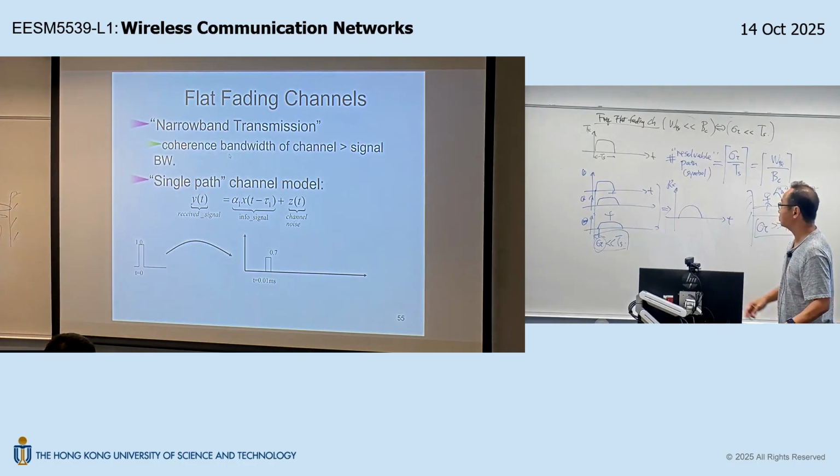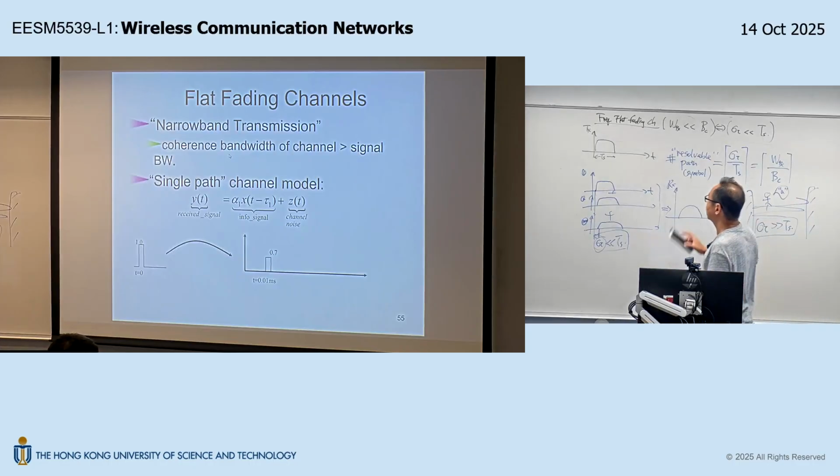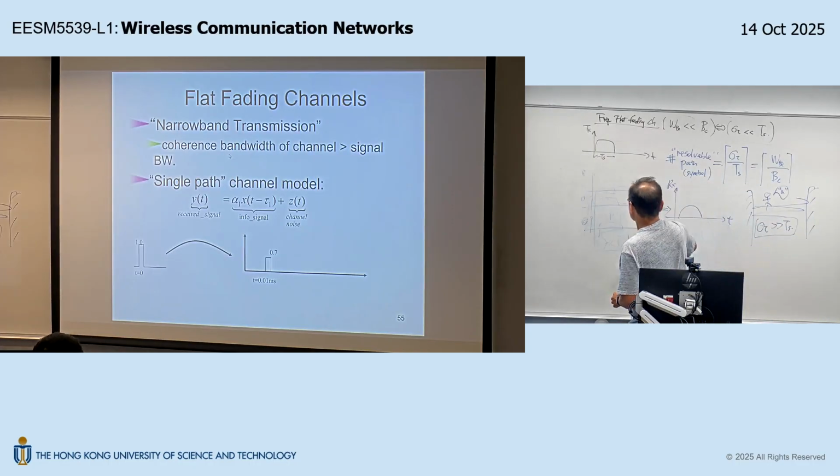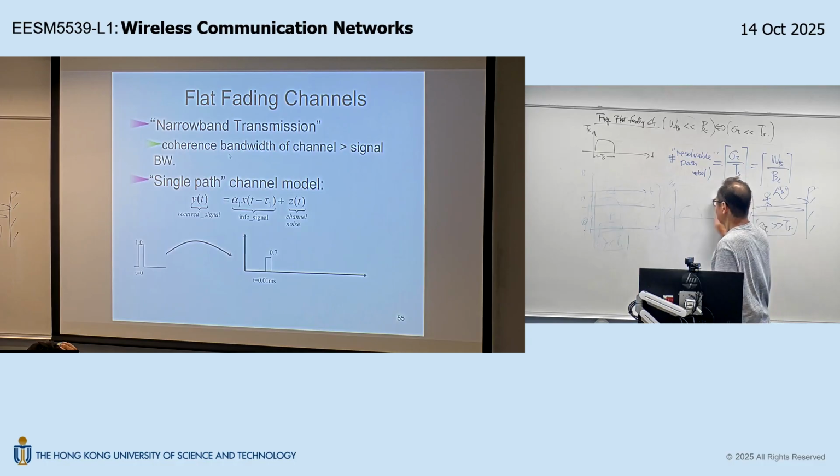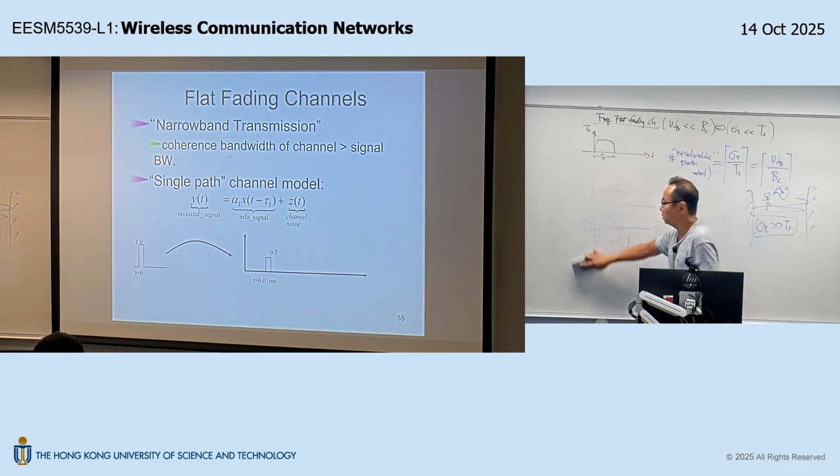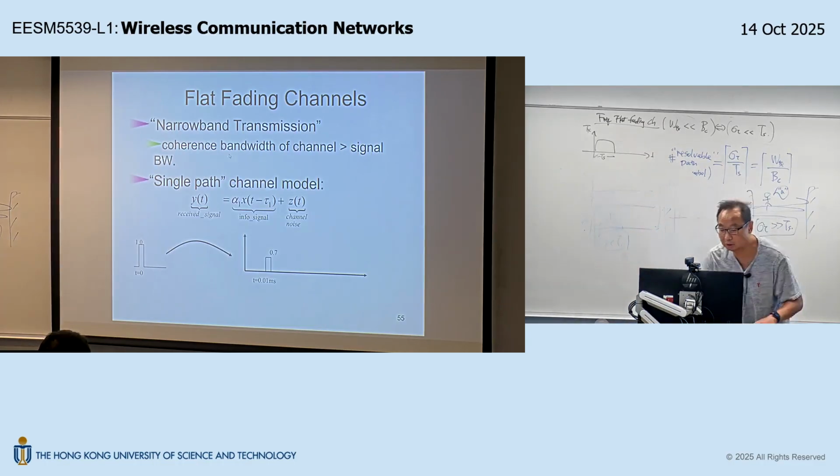So now with this frequency flat fading channel, we can approximate the channel model as like this. If we transmit a symbol X, the received signal will now be given by some fading coefficient alpha, which is random, times your X plus the channel noise.